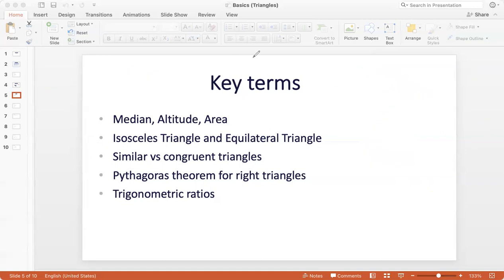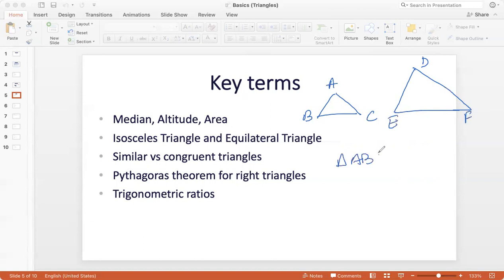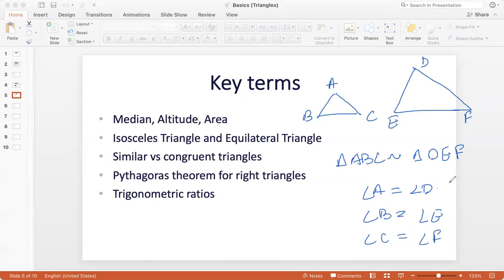Okay, what are similar and congruent triangles? Similar triangles are triangles that have the same shape, but they have different sizes, right? So I can say that triangle ABC is similar to triangle DEF when angle A is equal to angle D, angle B is equal to angle E, and angle C is equal to angle F. So the corresponding angles are equal.